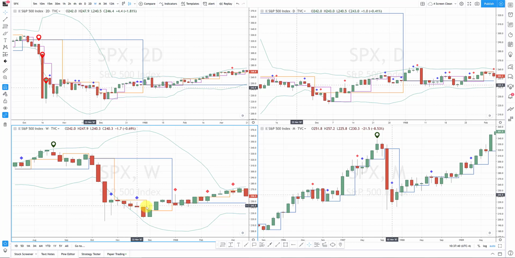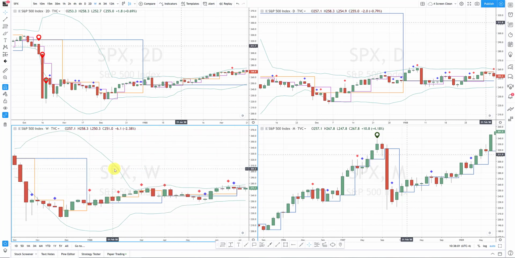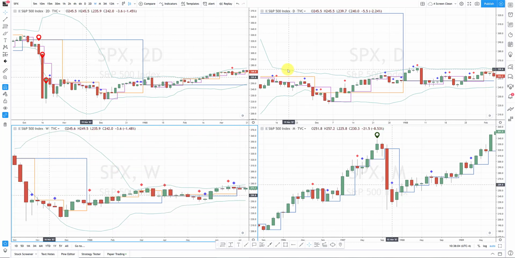So anyone who got short here made really good money down here because it went down close to 7%. But then once the high got taken out, these guys get stopped out at the brand new month. So this orange line is your brand new month. Things are green, it gets into that new quarter like we saw over here on the monthly chart, and then things continue to go upwards. Okay, so interesting lessons there from 1987.